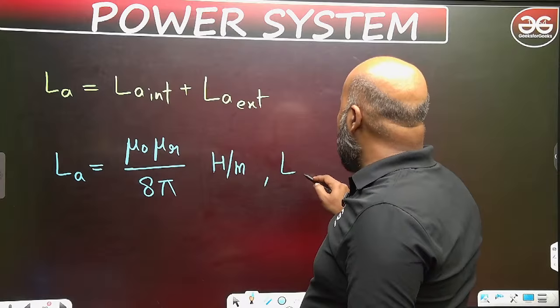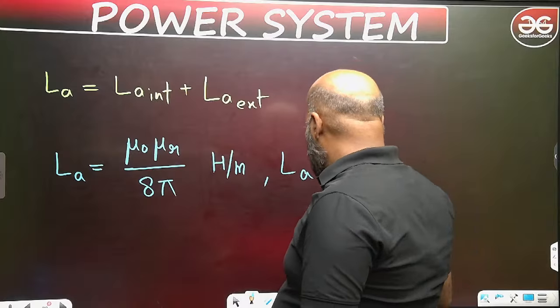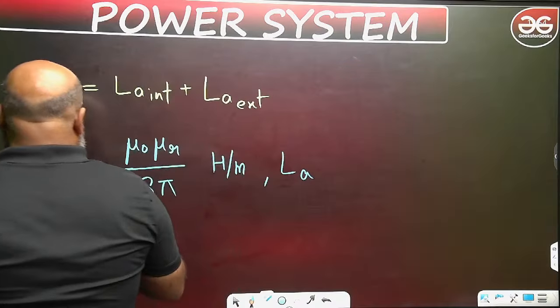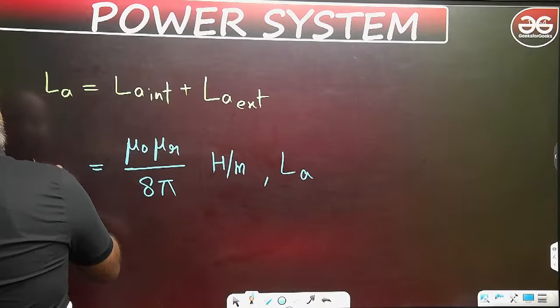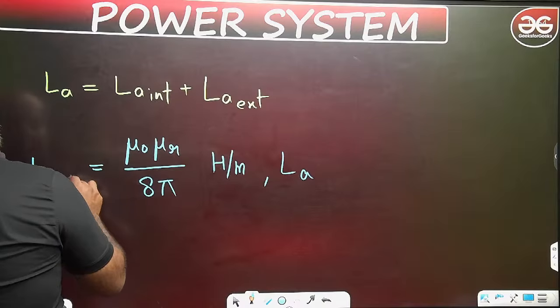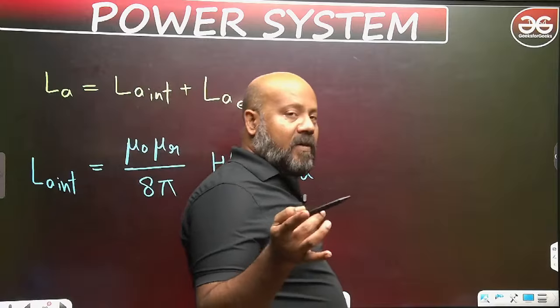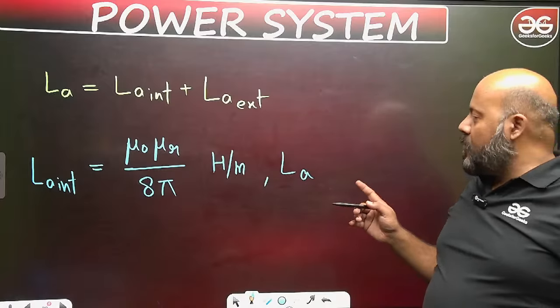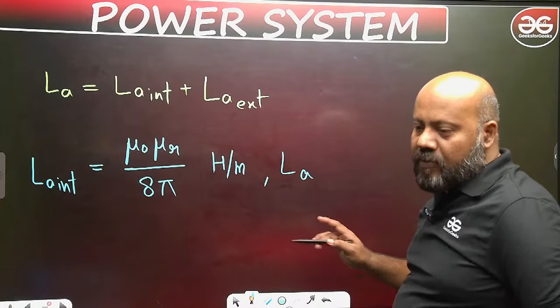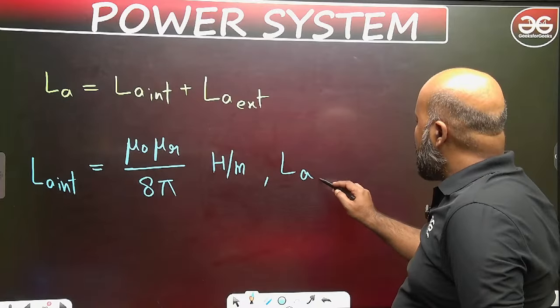When you calculate the inductance because of external flux linkage, I am not going into the derivation because that will take a lot of time. Okay, I hope you have gone through that, and I am just going to make you understand this.